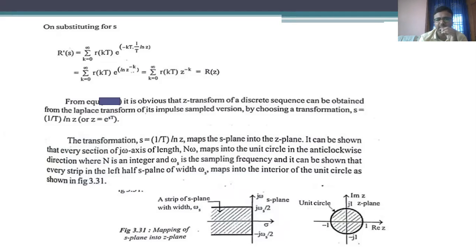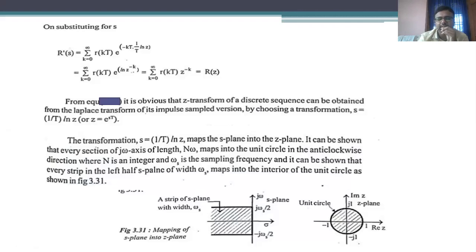So we have considered only the left hand side portion of the S-plane, and let us divide it into small strips. Small strips means we have to consider both the negative axis as well as the positive axis, that particular portion is called the strips.